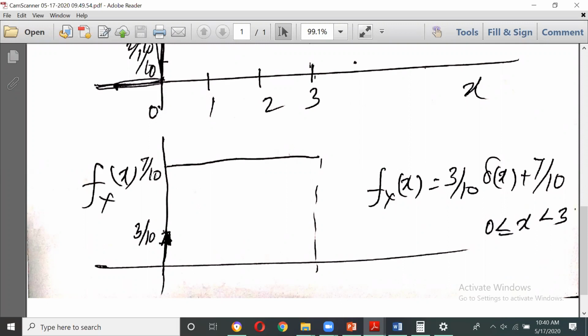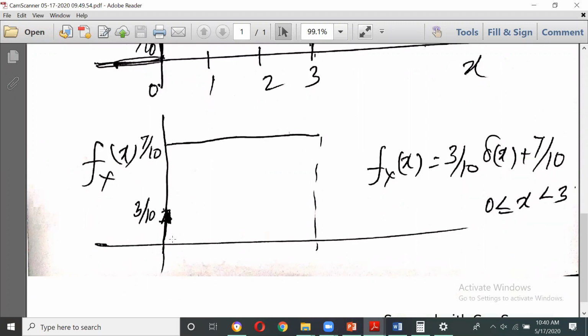Please change both these quantities to 7 by 30. Now this value is just corresponding to the discontinuity, which is 3 by 10, and that will be this value. That's how we can find it.